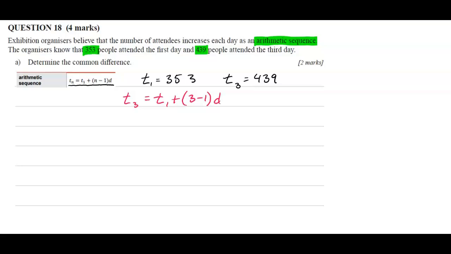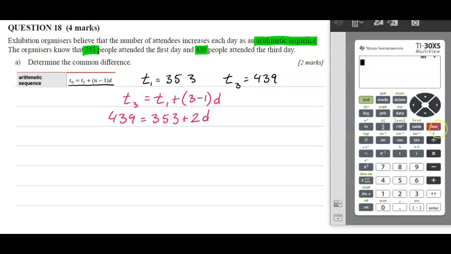Okay, so let's do some substitutions now. 439 will equal 353 plus 2 times d. So let's bring up our calculator over the side here.